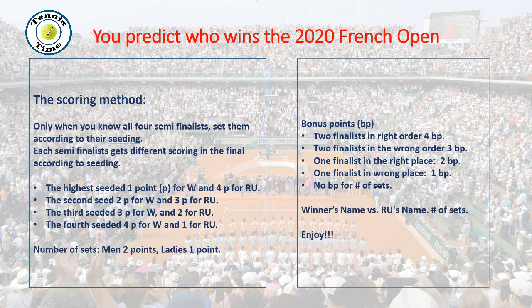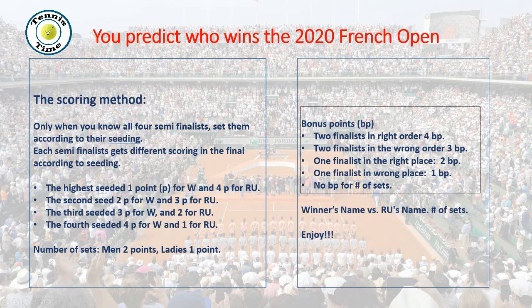Also, please pick the number of sets. For the men, you will get 2 points, and for the ladies, it's just 1 point, because the probability of guessing that correctly is a lot higher. For the men, it can be 3, 4, or 5 sets as a final. And to make it even more interesting, we get bonus points. Two finalists in the right order, you get 4 points for that. If you get 2 finalists in the wrong order, you get 3 points.